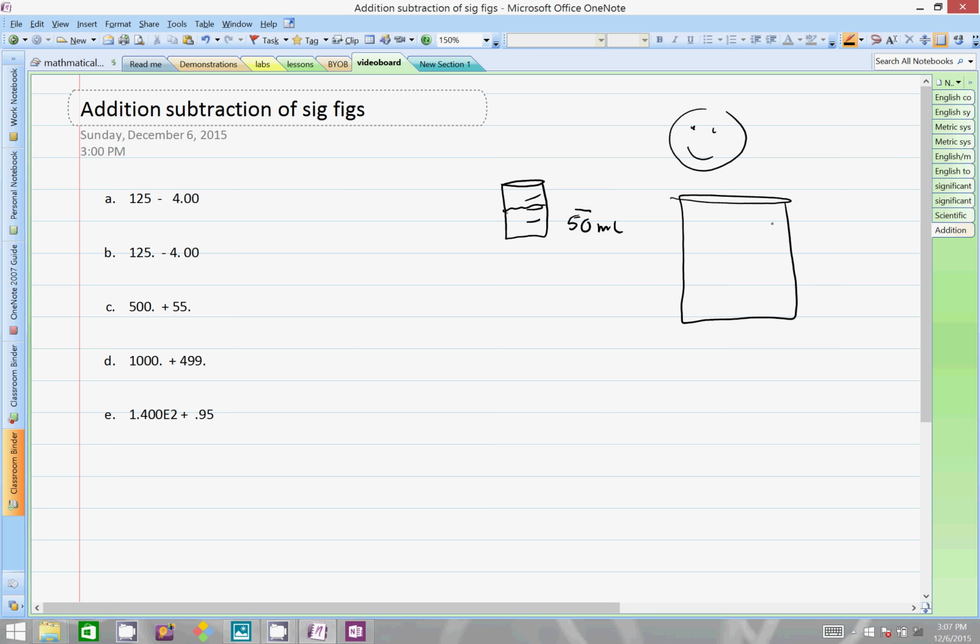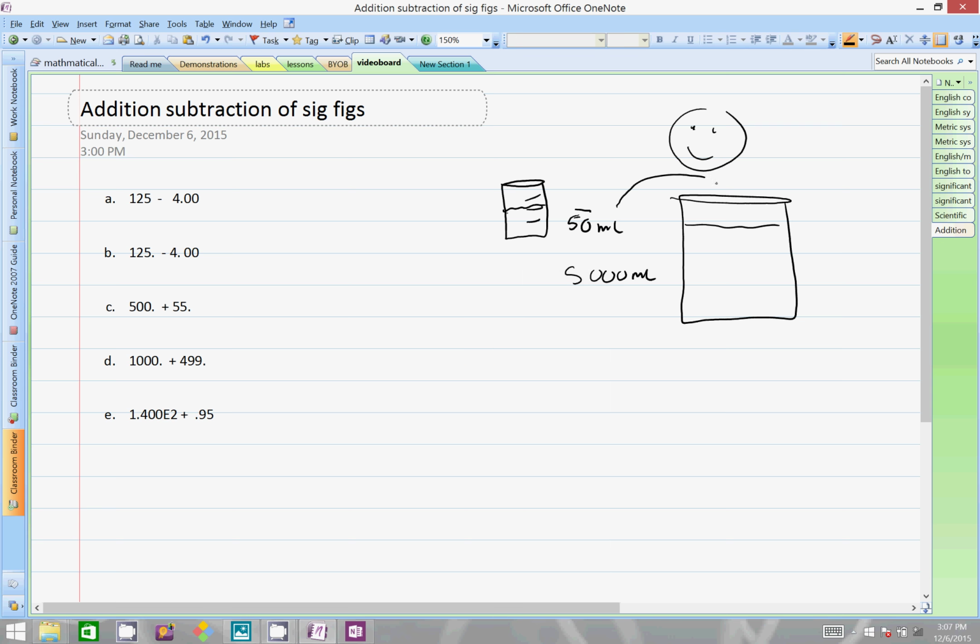as this bucket may have, let's say, 5,000 milliliters.